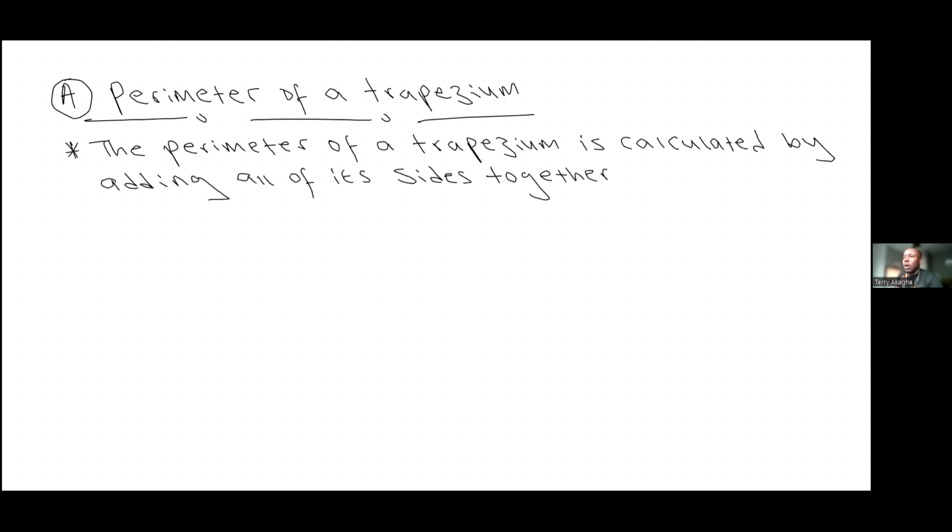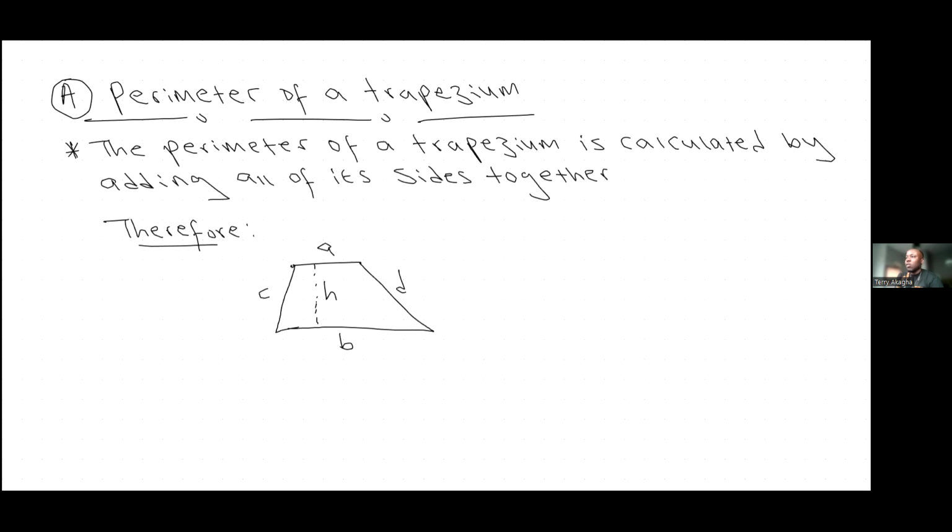Therefore, when you have a particular trapezium, for instance, and we said this is A, this is B, the two parallel sides, and C and D are the non-parallel sides, and this is the vertical height, how do you get the perimeter?